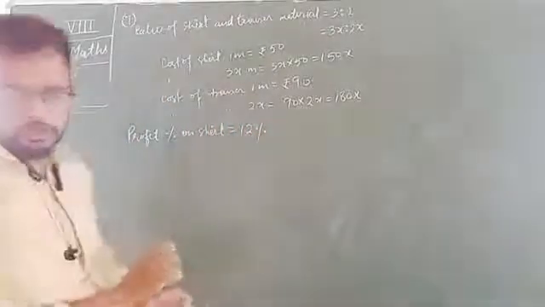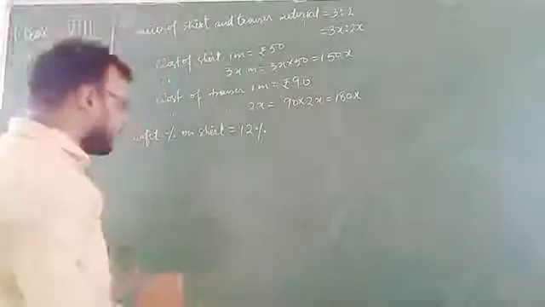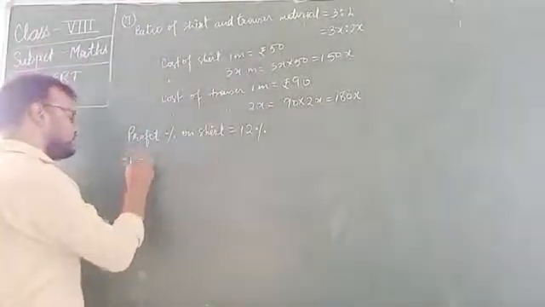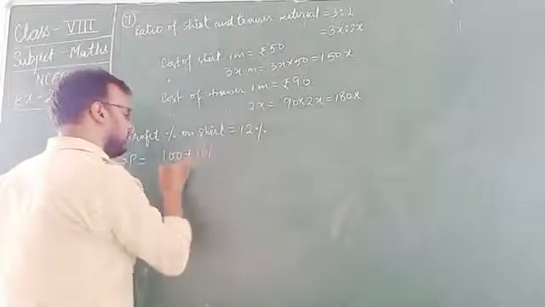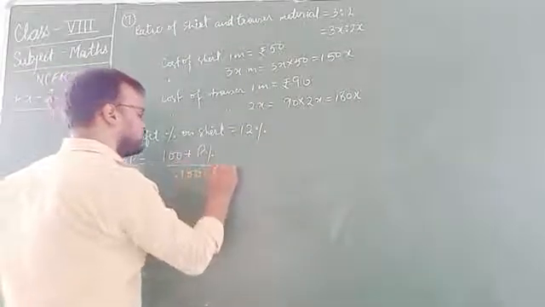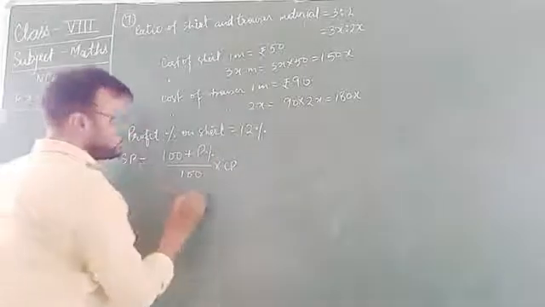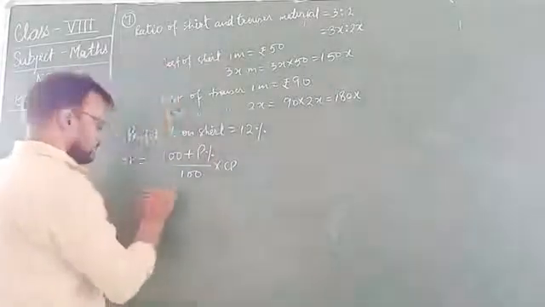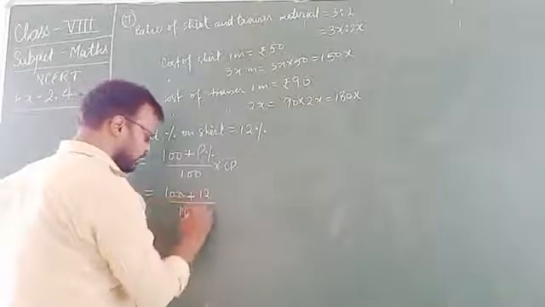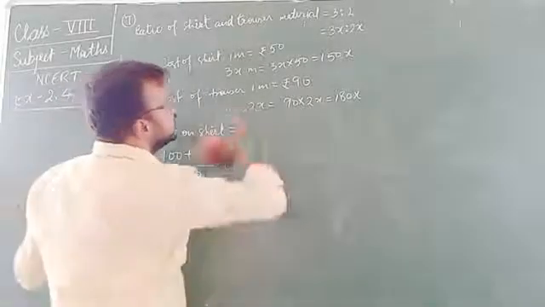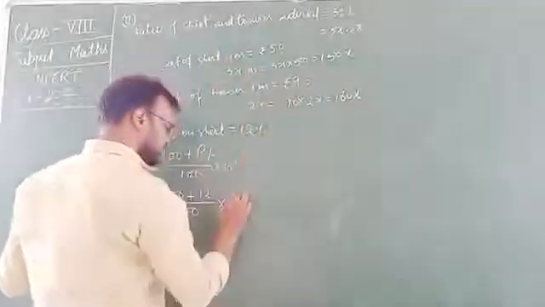SP is the selling price. Selling price is (100 plus profit percent) upon 100 into CP. That is 112 upon 100 into CP, which is 150x.